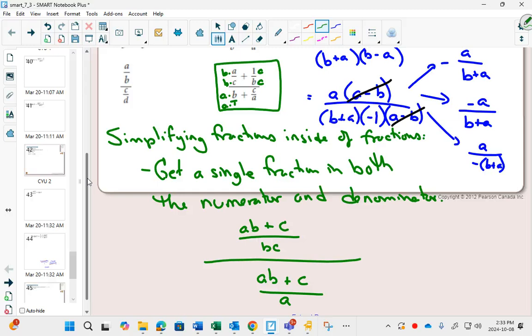And now I have a single fraction in my numerator of my big fraction and a single fraction in the denominator of my big fraction. And you'll notice me draw this line extra long, sometimes extra thick, so we can really see we have a fraction divided by a fraction.